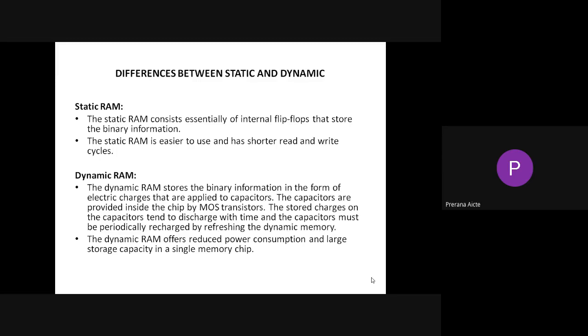Coming to dynamic RAM, the dynamic RAM stores the binary information in the form of electric charges that are applied to capacitors. The capacitors are provided inside the chip by MOS transistors. The stored charges on the capacitors tend to discharge with time, and the capacitors must be periodically recharged by refreshing the dynamic memory.